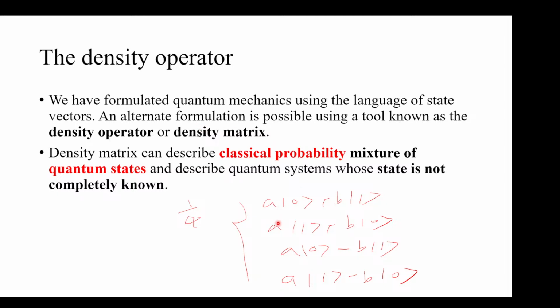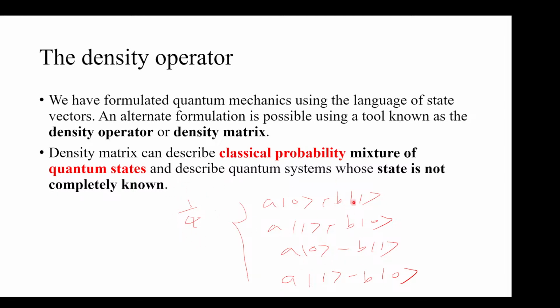There is a difference between superposition and a classical probability mixture. For example, in this pure state, A0 plus B1, we think of it as a superposition between the 0 state and the 1 state with complex coefficients A and B. But between those four states, we are doing a classical probability mixture.